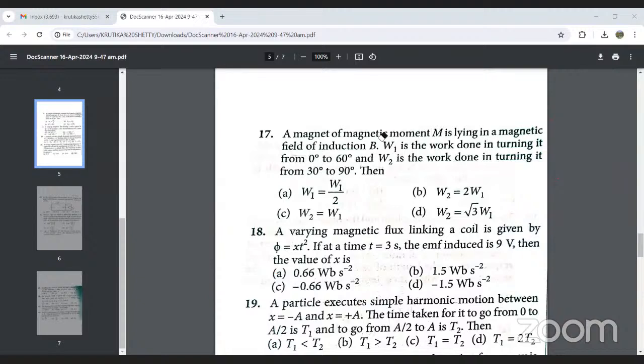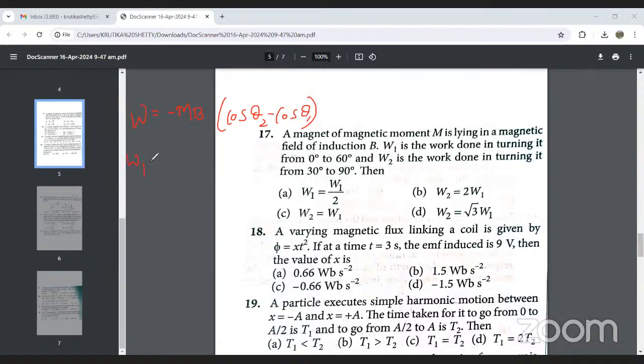See. A magnet of magnetic moment M is lying in a magnetic field of induction B. W1 is the work done in turning it from 0 degree to 60 degree, and W2 is the work done in turning it from 30 degree to 90 degree. Then what is the work done relation they are asking? As we know, the work done is given by minus MB into cos theta 2 minus cos theta 1.